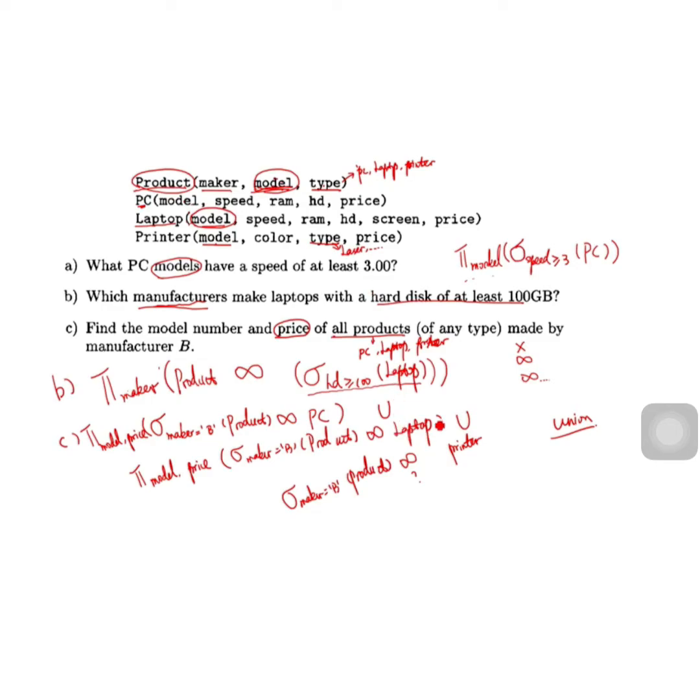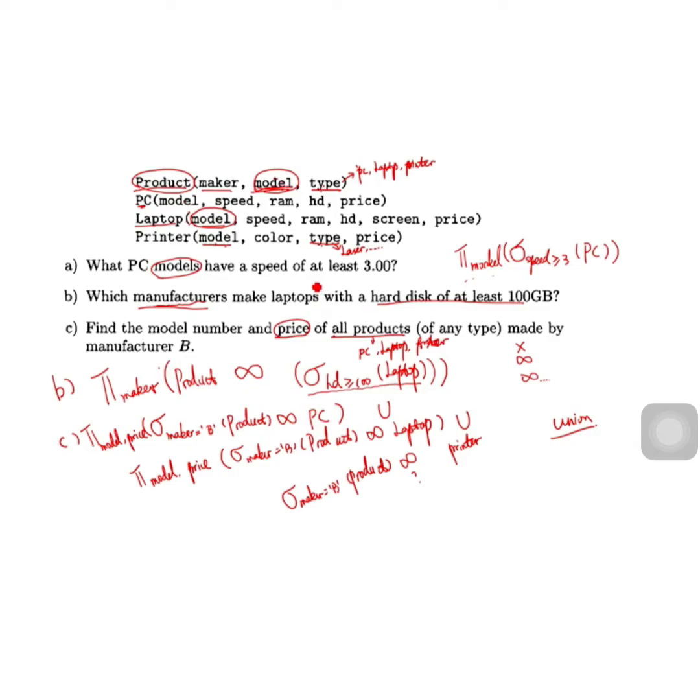If we do natural join, we'll get nothing. We'll get an empty result because we cannot find two tuples with same value on model and same value on type. We cannot find that.